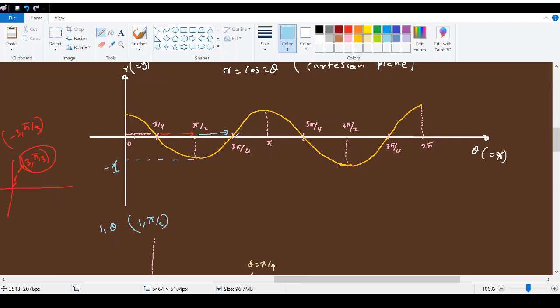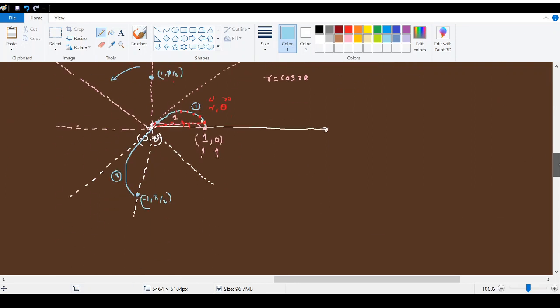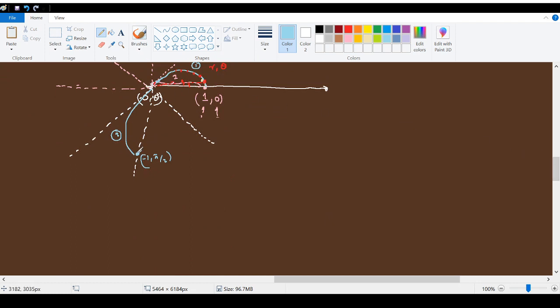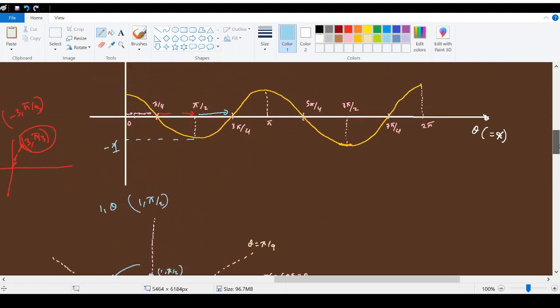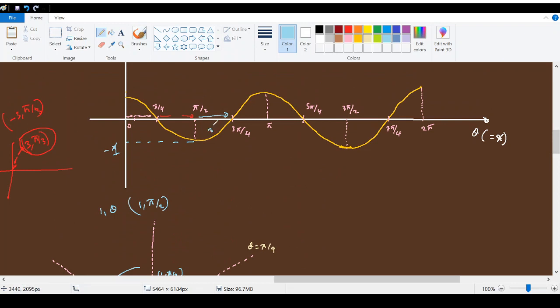And eventually at 3 pi by 4, the radius should be 0, right? So with the negative radius, you will be having this portion, right? This is the third portion and this is the third region. This is the second region and this is the first region, right?